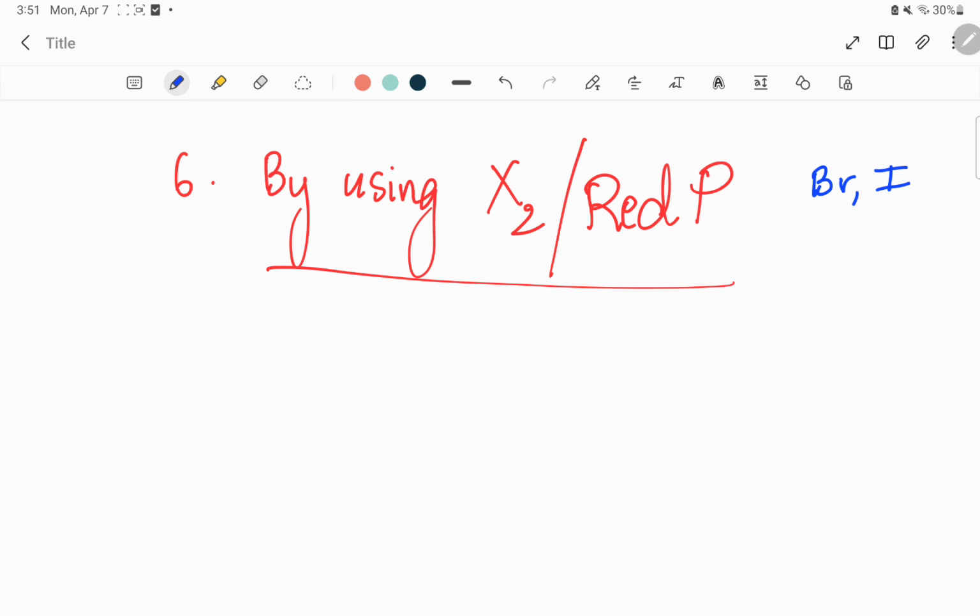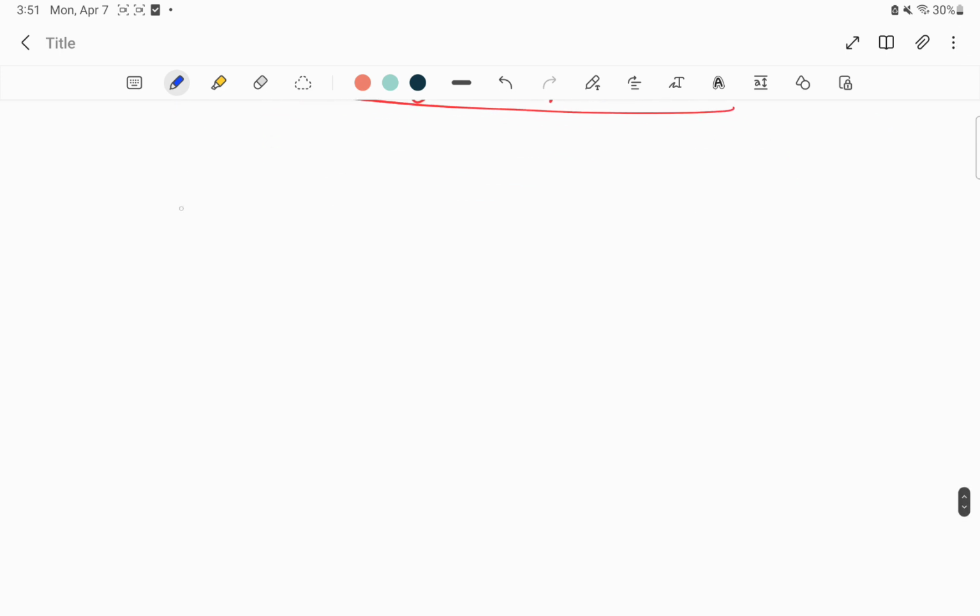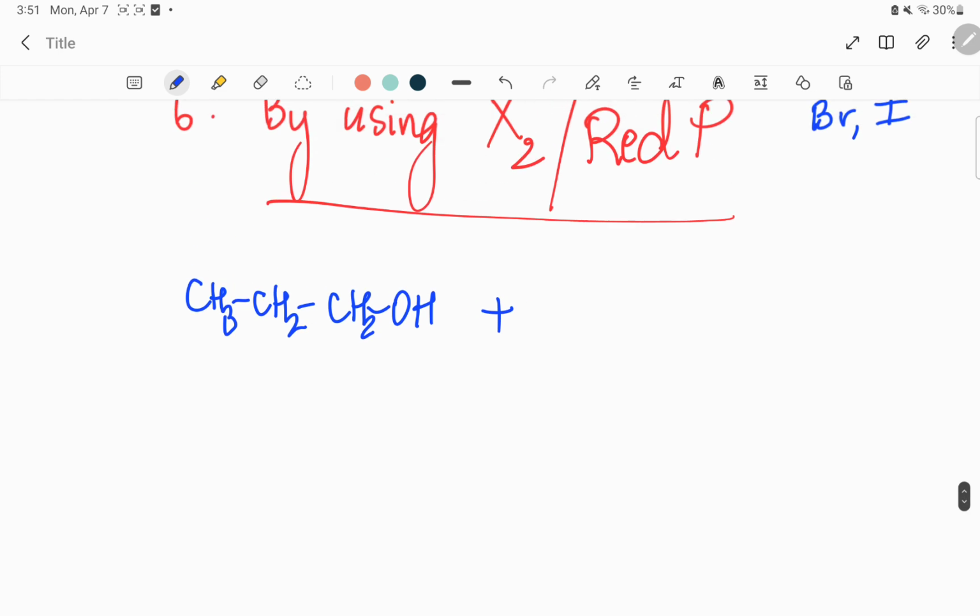So you cannot use this method to prepare chloroalkanes or fluoroalkanes. So let's say I have CH3, CH2, CH2OH, propanol, and I am adding I2 in presence of red phosphorus.